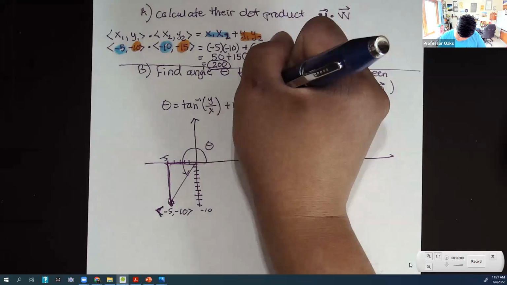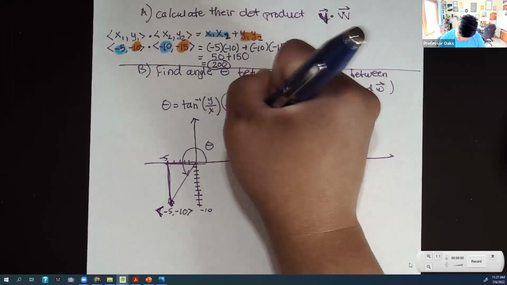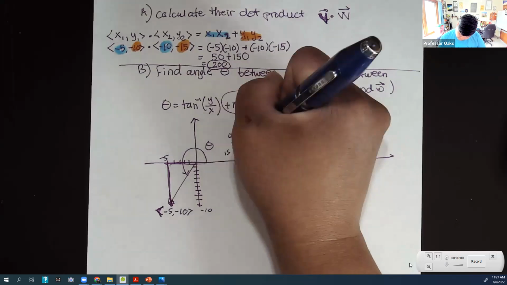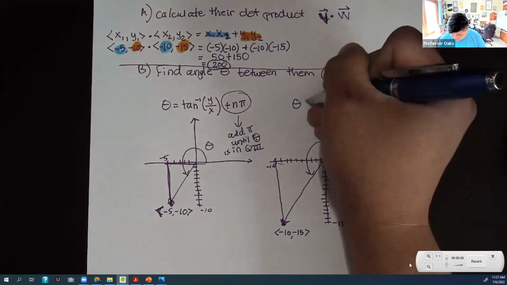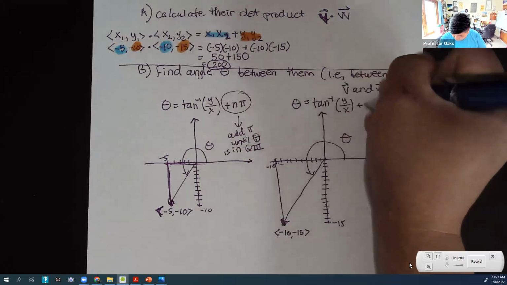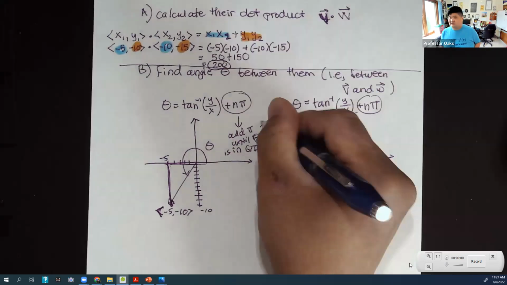So add pi until theta is in quadrant 3. Same idea here: theta is tangent inverse of y over x plus n pi, so you add until it's in quadrant 3.